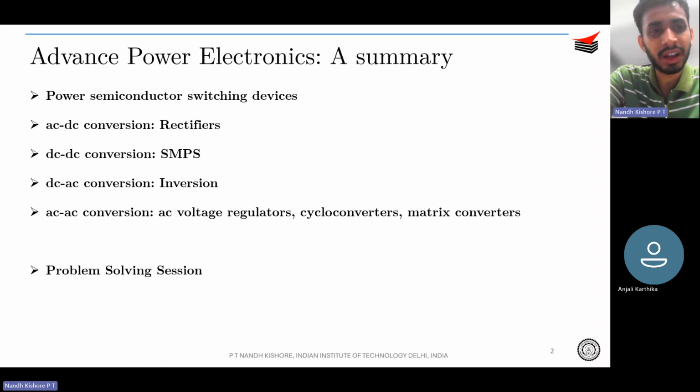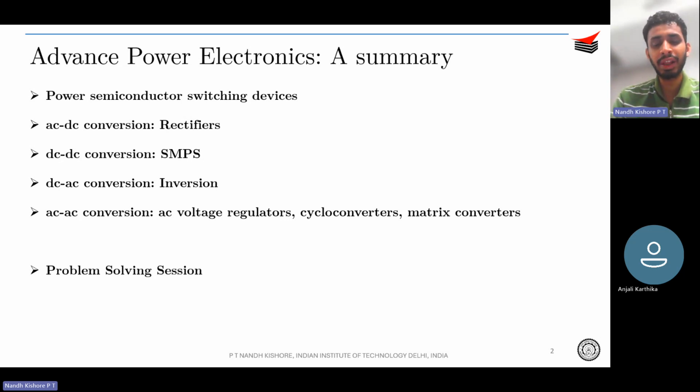Just summarizing a little bit, you went through power semiconductor switching devices in week one. You read about SCRs or thyristors, then GTOs, that is gate turn-off thyristors, and then MOSFETs, BJTs, and IGBTs. You learned about switch realization and tried to understand the operation of the switch using the first, second, third, and fourth quadrants.